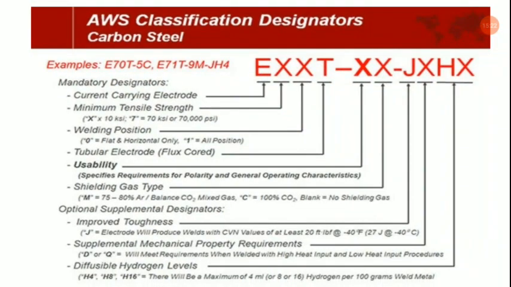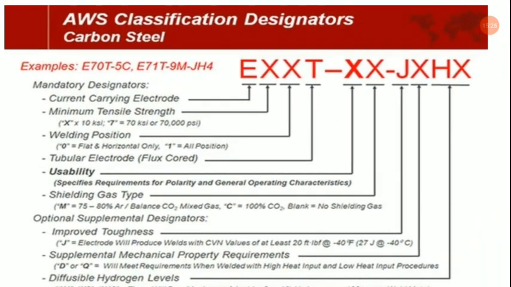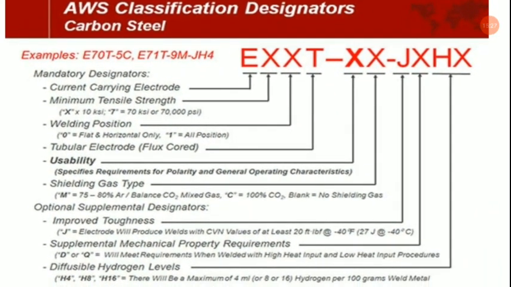Okay, now AWS classification designates carbon steel actually. So I previously discussed with you about the letters. If you consider E70T, E71T, in the previous one we have learned that there are 5 letters. So the first one denotes the electrode, but here it is saying that for FCAW it is the current carrying electrode.